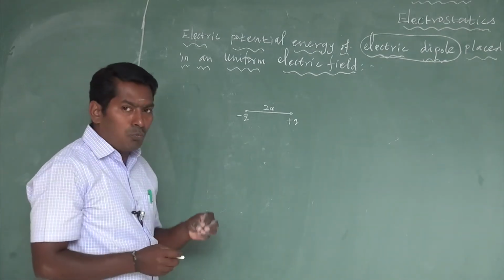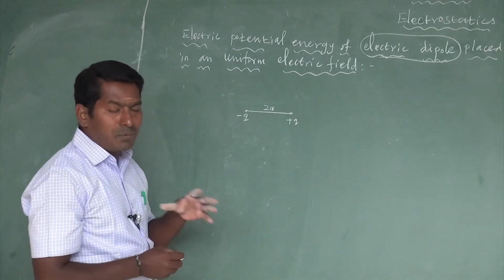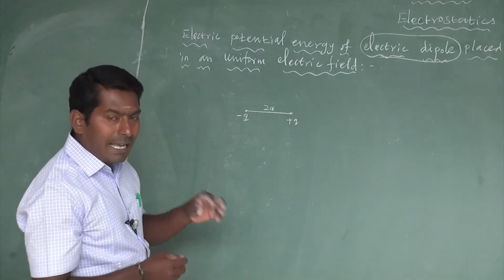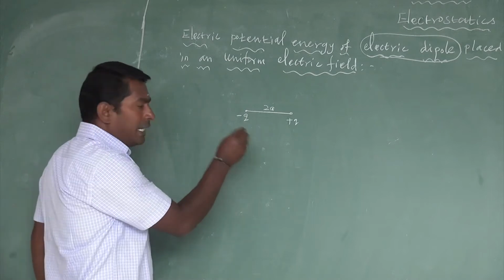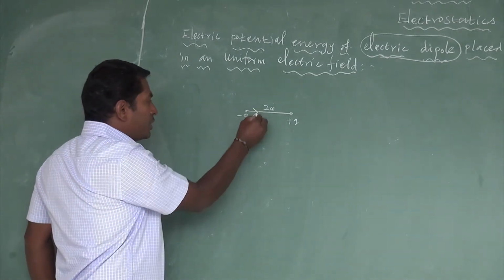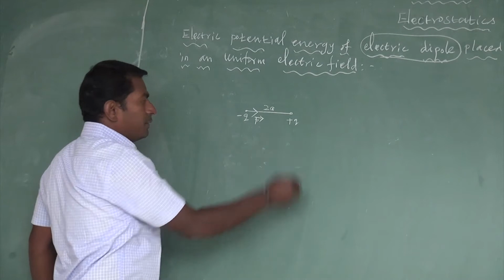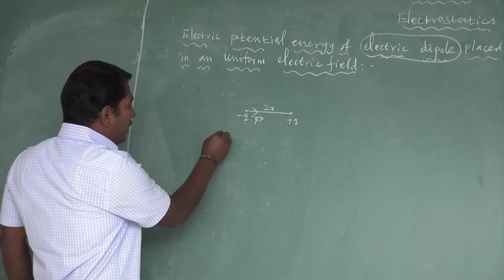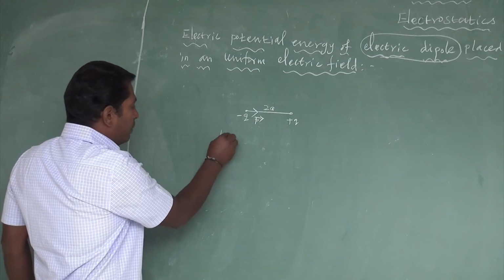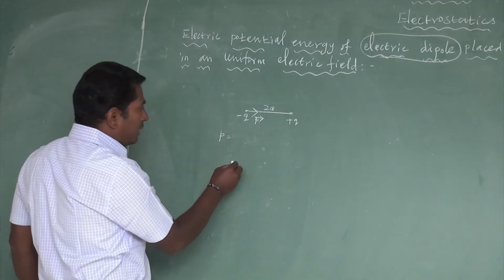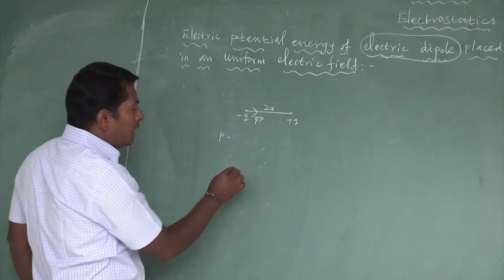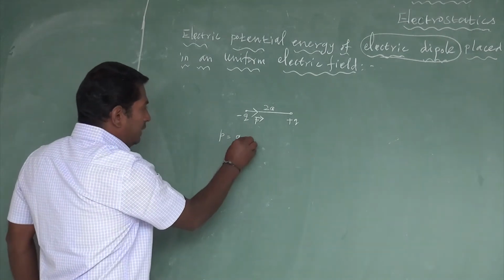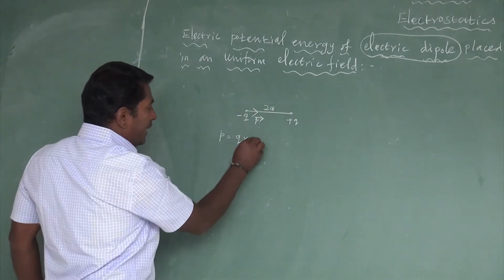That moment is a vector quantity with both magnitude and direction. Its direction is from minus q charge to plus q charge. Its magnitude can be calculated by the equation P equals the product of the magnitude of either charge q and the dipole distance 2a.